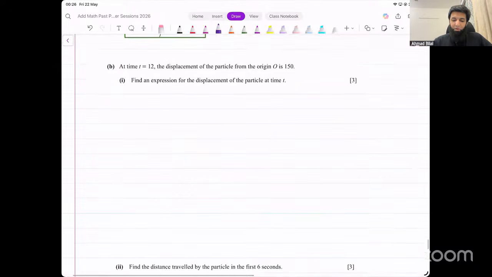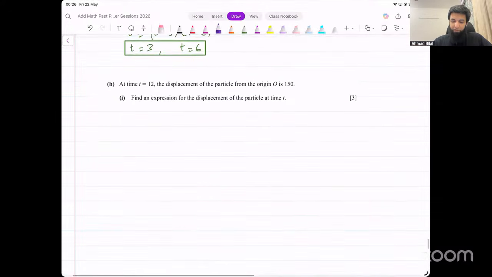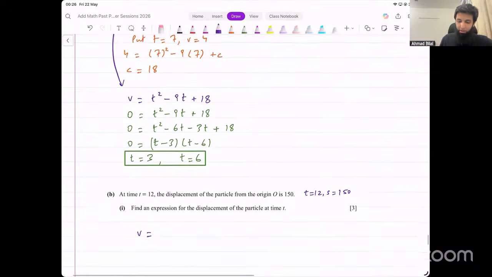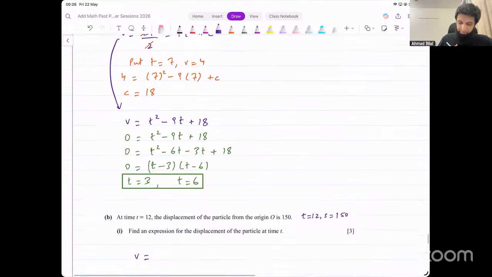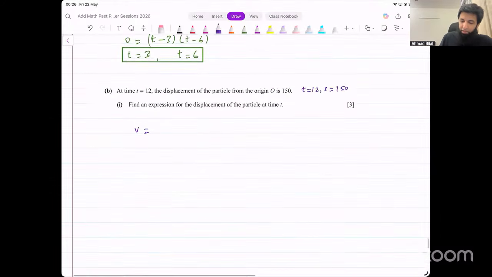Part B. Okay, now they're saying at time t equal to 12, the displacement of the particle from the origin is 150. So at time 12, we are given the displacement value. Find an expression for the displacement of the particle. We already have the velocity function, t squared minus 9t plus 18.